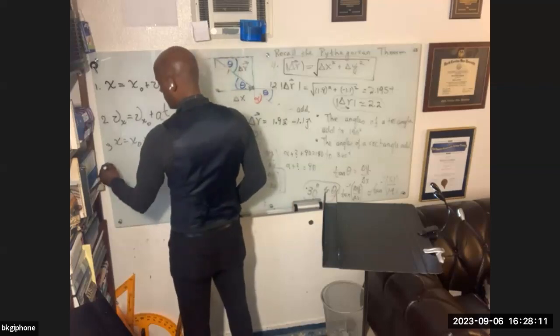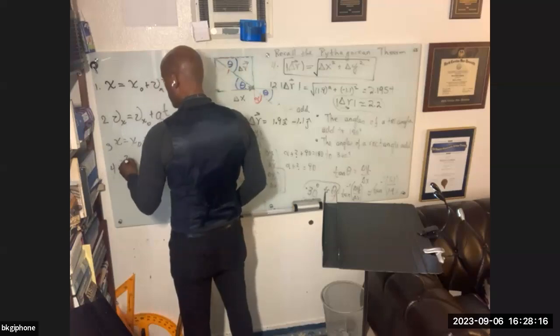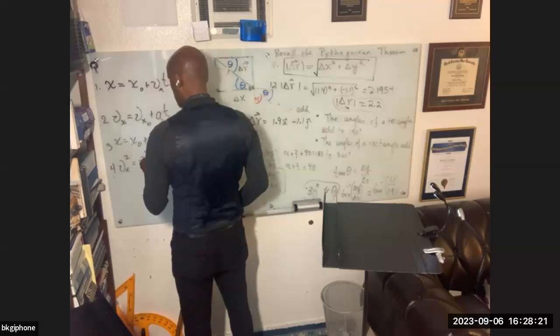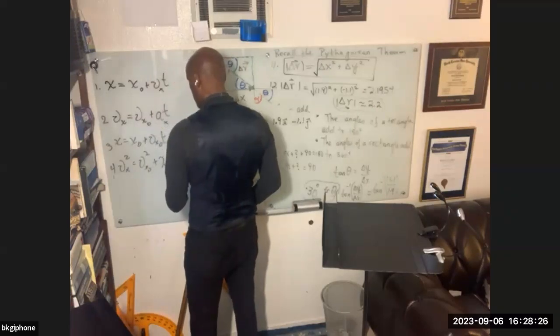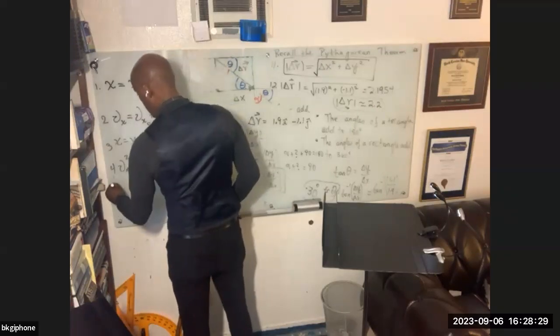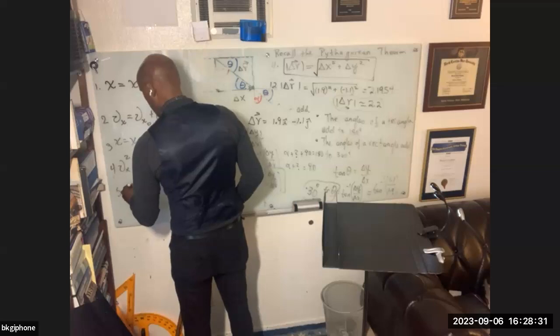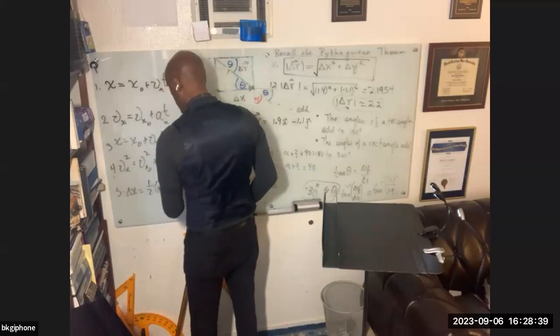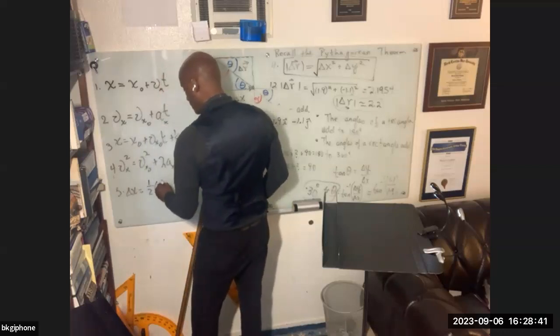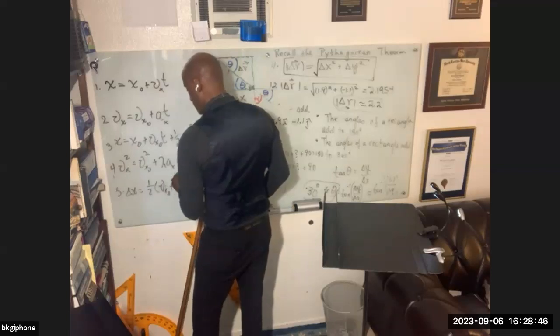And 4 was vx squared equals vx naught squared plus 2ax times delta x. And 5, delta x equals 1/2 times vx naught plus vx times t.